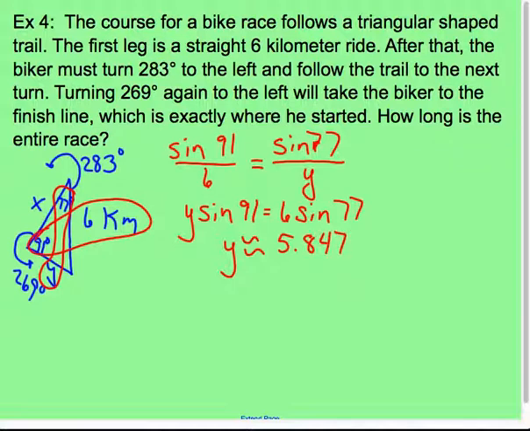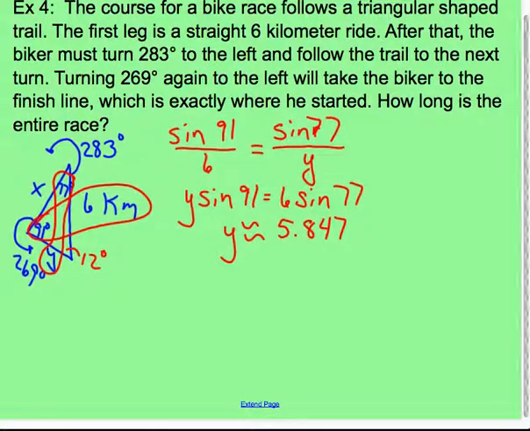So in order to solve for X, I need to know what the angle across from it is. So I'm going to subtract my two angles from 180, and that gives me a 12 degree angle. So setting up my second function, I'm going to have again the sine of 91 over 6, because that has no rounding error, equals the sine of 12 over x. So again, cross multiplying.